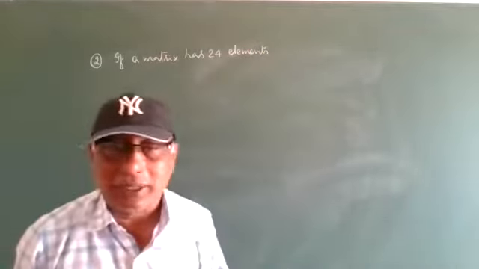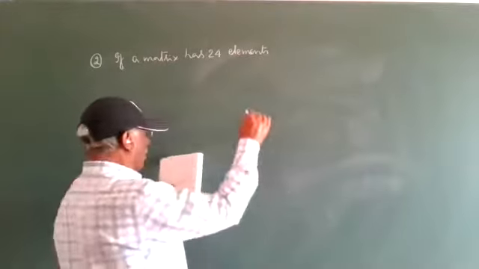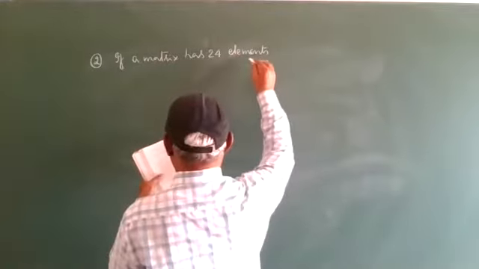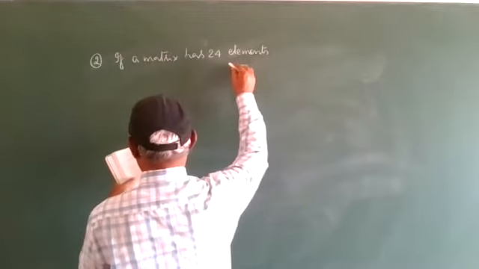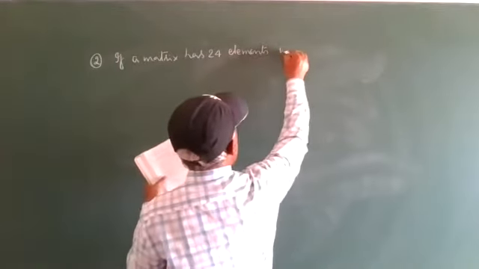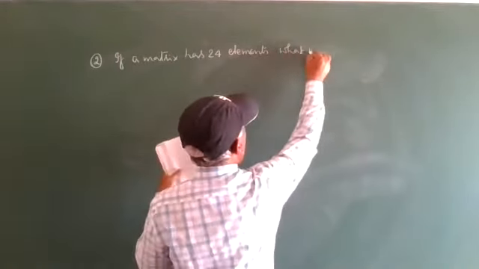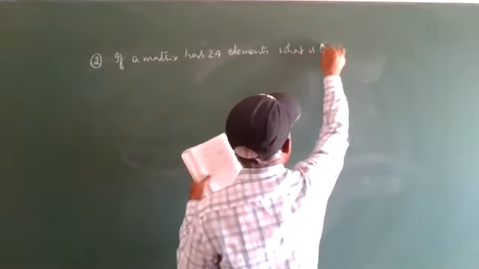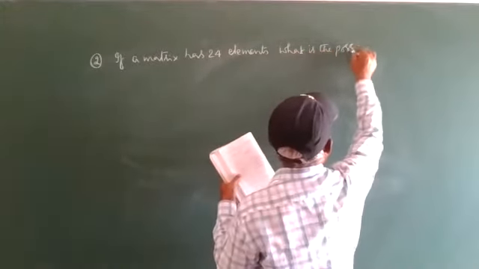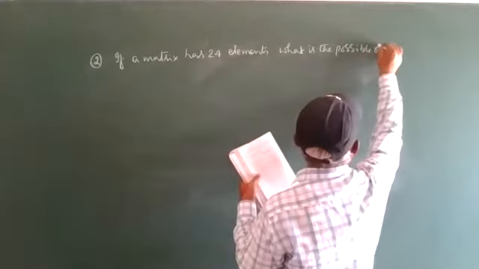What is the possible order? What is the possible order?